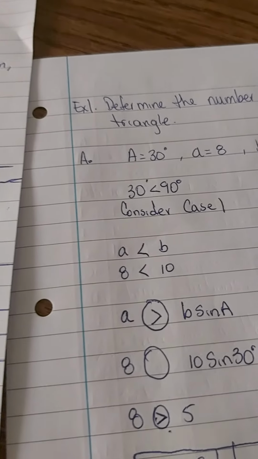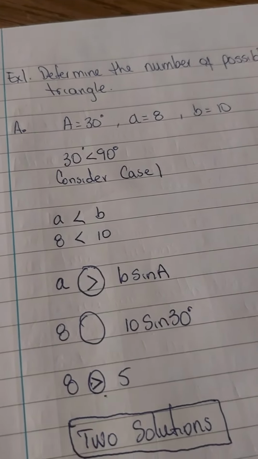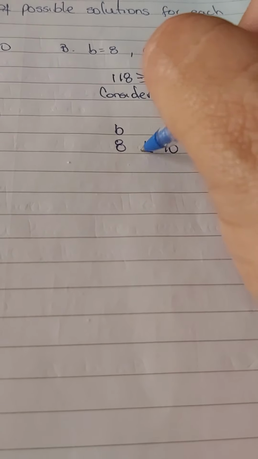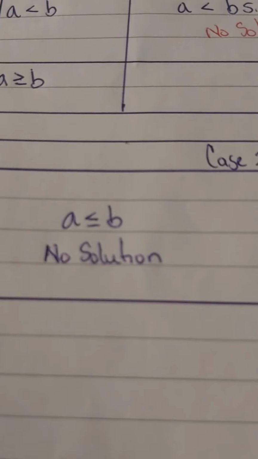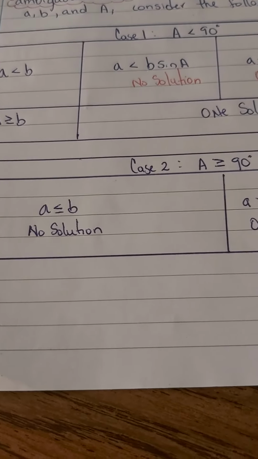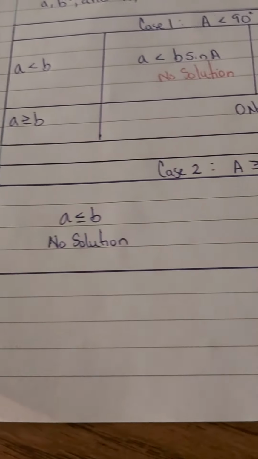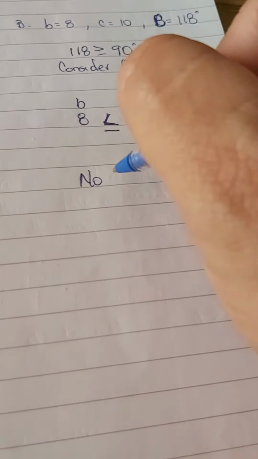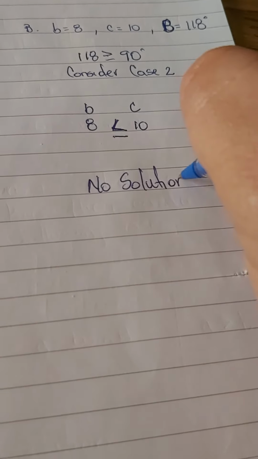In this case, B and C. B equals 8, and C equals 10. In this case, B is less than C. What happens when the first side is less than or equal to the second in case 2? It has no solutions. So in part B, in this case, no solutions.